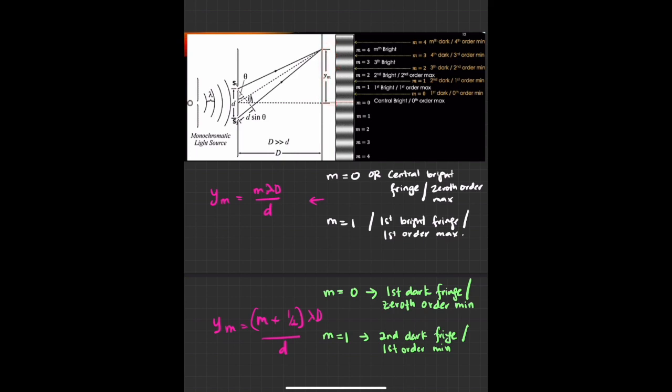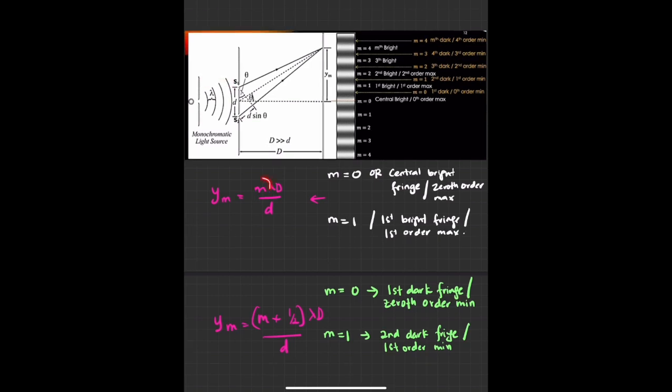ym is the distance of m from central to bright or central to dark fringe, while capital D is the distance from slit to screen. Small d here is the distance from slit S1 to S2, while lambda is the wavelength from the sources, and the last one, m, is the order number, which is m equal to 0, 1, 2, 3 and so on for bright.